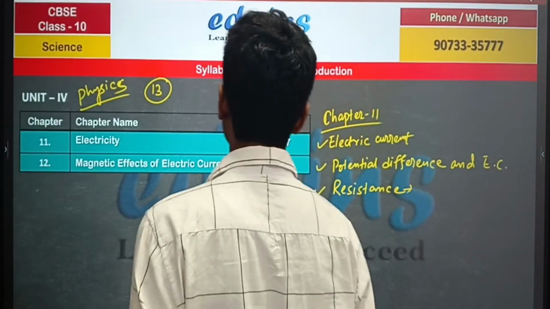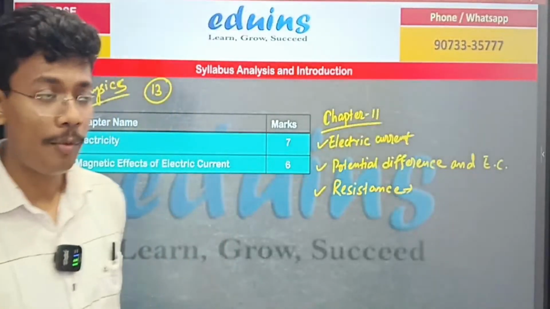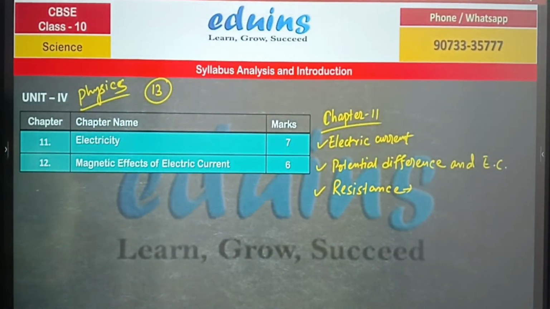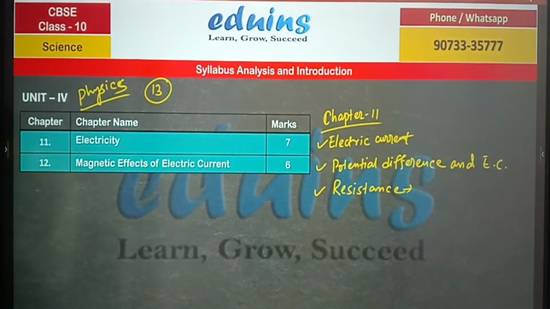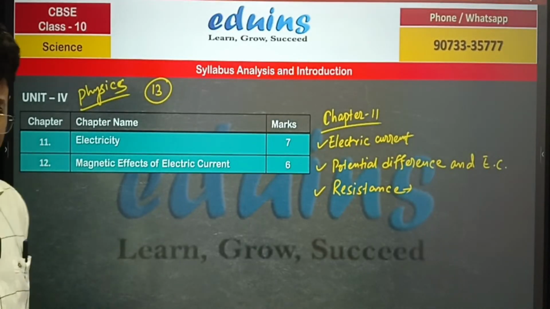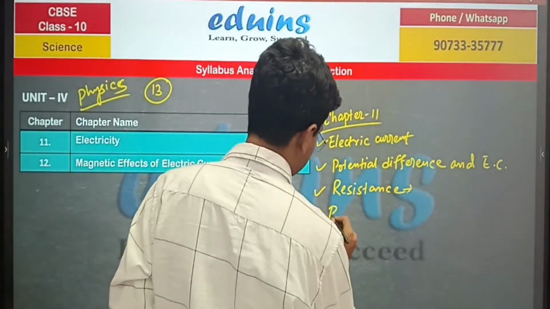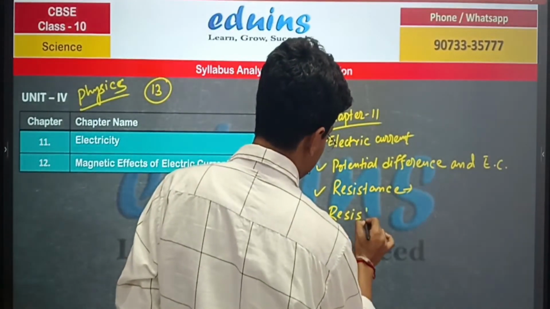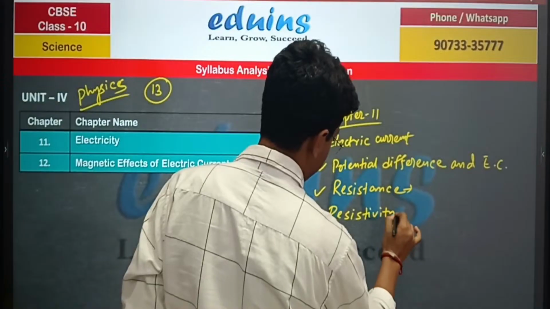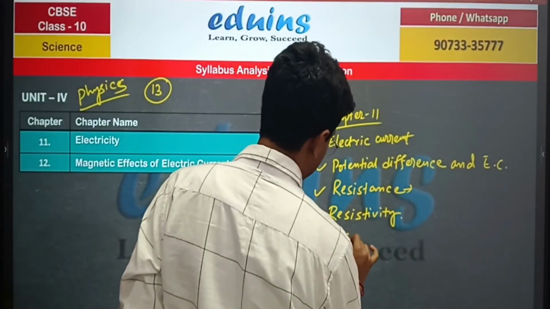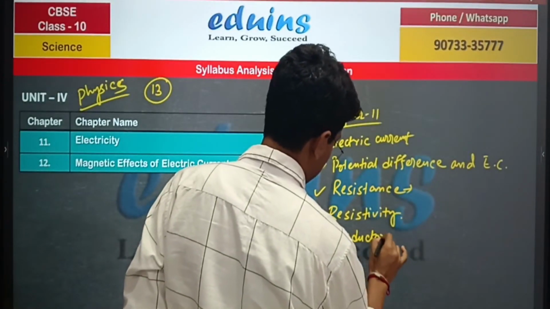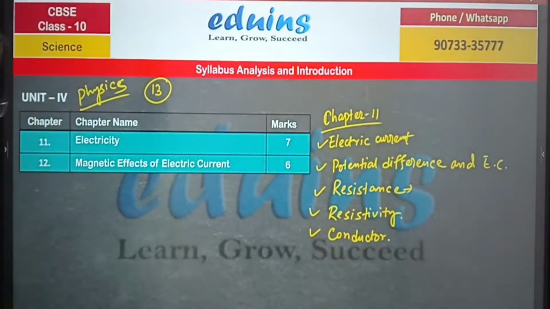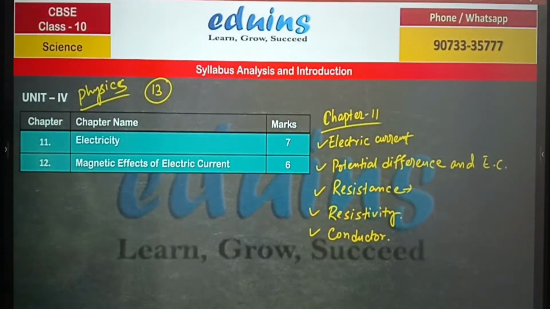Here we will study Ohm's law, then resistivity and conductors, and in the next part we will study electric power.